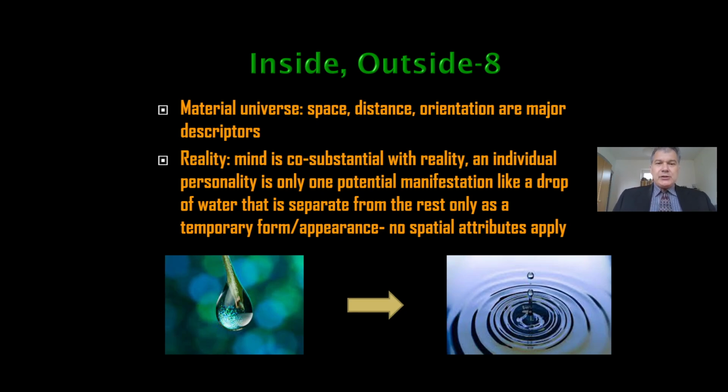In the material universe, you have space, distance, orientations that are major descriptors of a material universe. In reality, the mind is co-substantial with reality. So an individual personality is only one potential manifestation, like a drop of water that is not separate, only looks separate under certain conditions. But the drop of water is really connected to the whole body of water, not to mention vapors and clouds and soil water and everything else, okay?